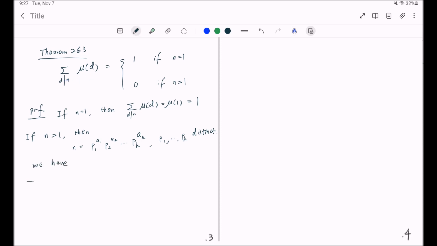To compute this, we're going to stratify this sum. First, we single out the case when d is equal to 1. In the second stage, we're going to sum up all those d's which have 1 prime factor, namely mu of p sub i, for p sub i equal to p1, p2, all the way to pk.